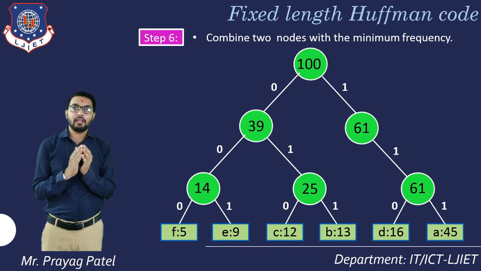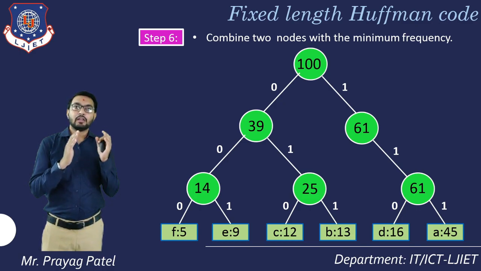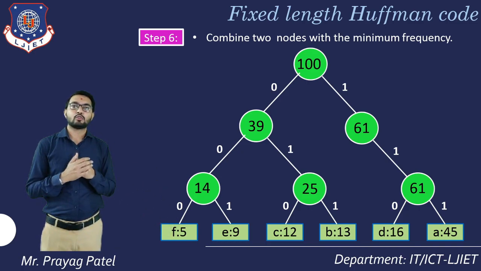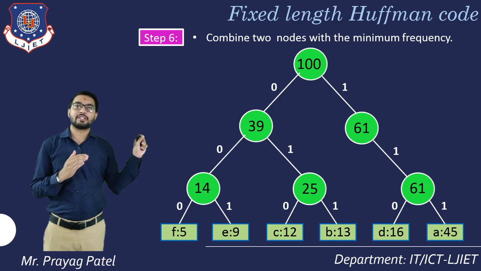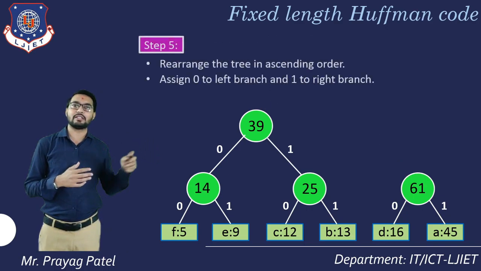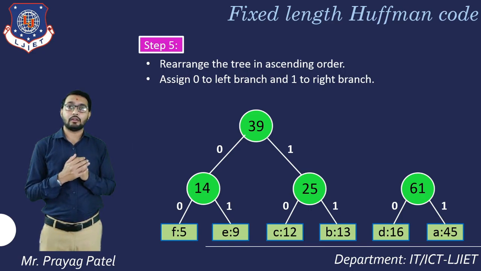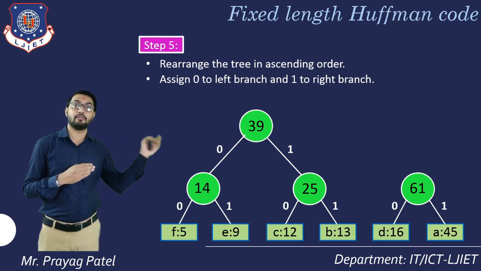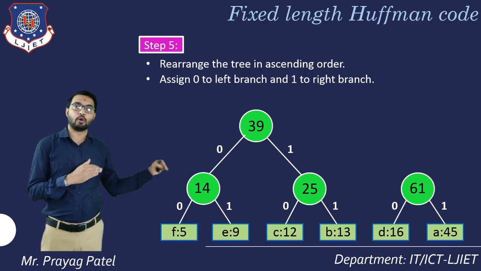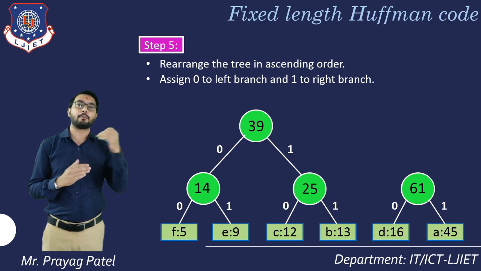But here we want to represent the numbers in same length code, meaning fixed length code. For fixed length coding, each and every leaf node should be at the same level. Here 39 is one node and 61 is the second node. 61 is at a lower layer and 39 is at the upper layer.